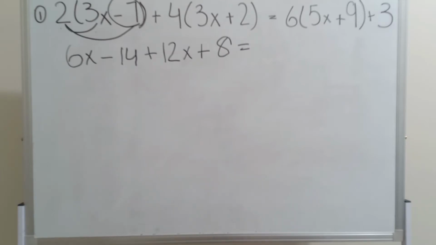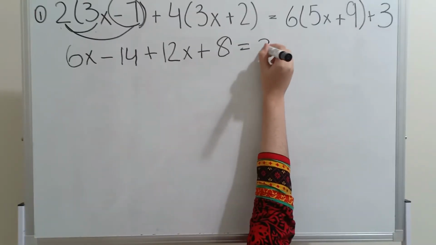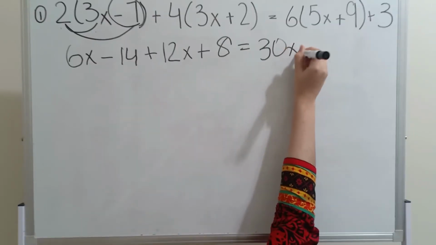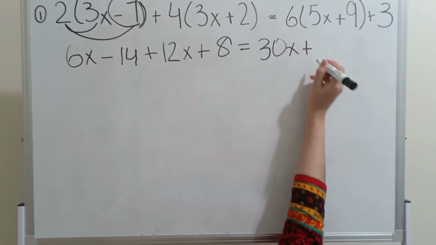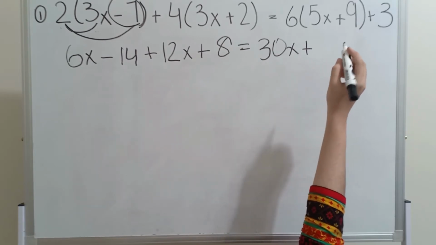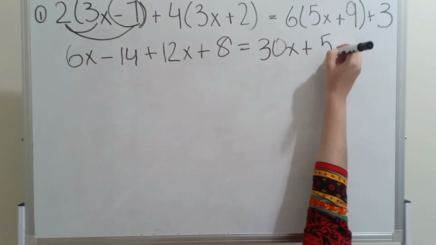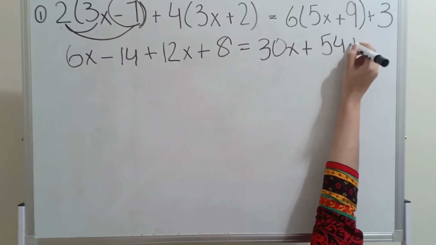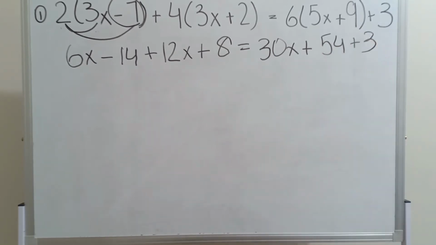So 6 times 5 is 30, so 30x we're going to write, plus 6 times 9 is 54. Plus 3. We're not going to multiply the 3 with the 6 because it is out of the parentheses. The ones that are in the parentheses are supposed to be multiplied with the ones outside. The outside was 6 and we multiplied it by 5x plus 9.